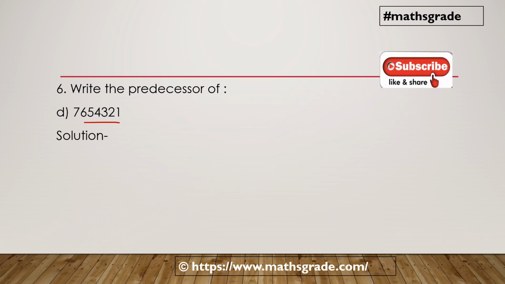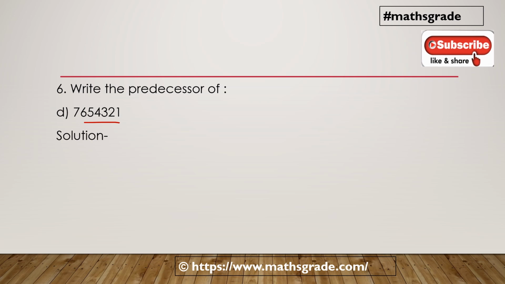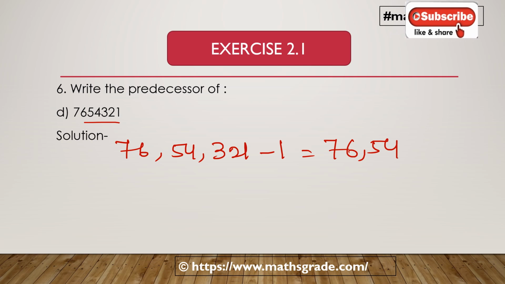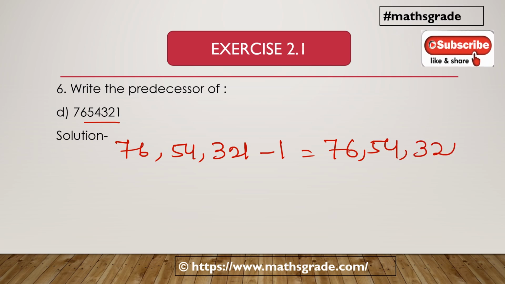So 76,54,321 minus 1 is 76,54,320. And 76,54,320 is the predecessor of 76,54,321.